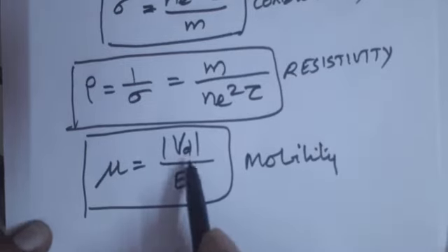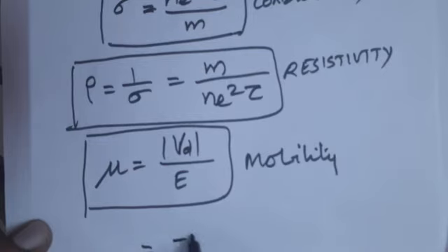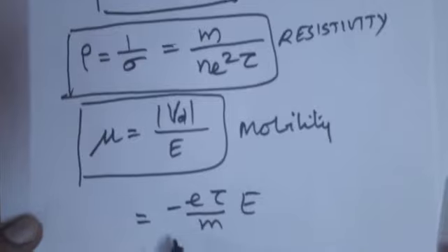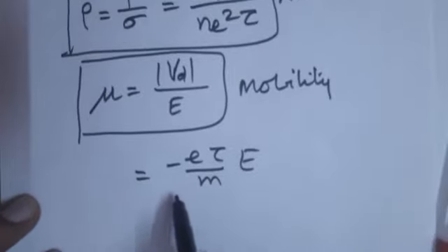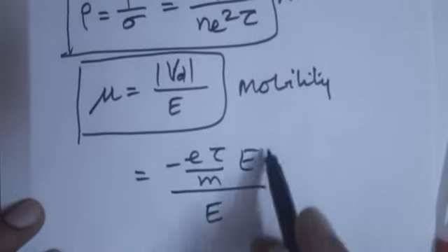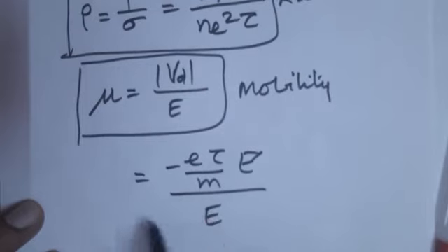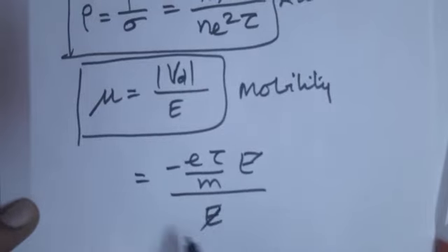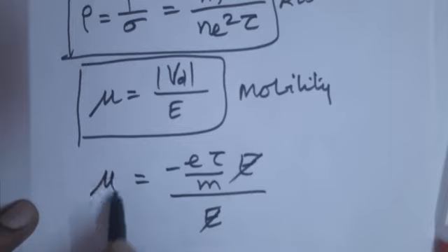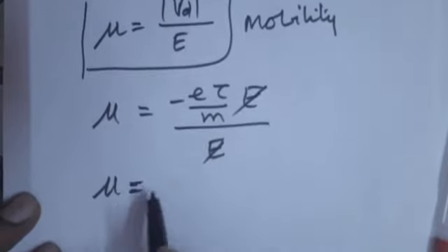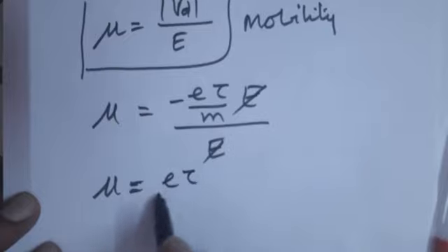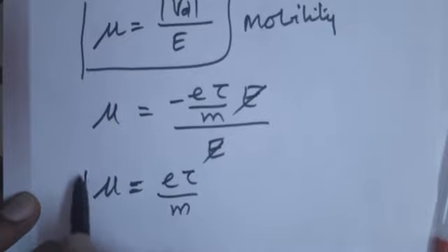Vd equal to minus e tau by m into E. Now E gets cancelled. So mu, if you take only the magnitude, becomes e tau by m.